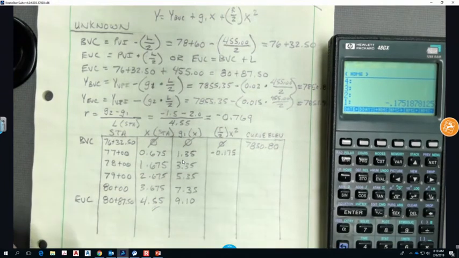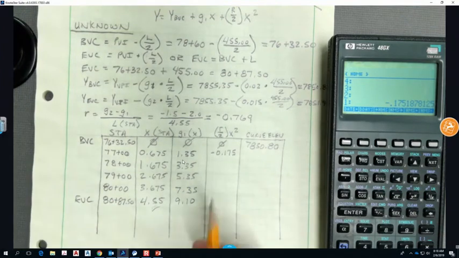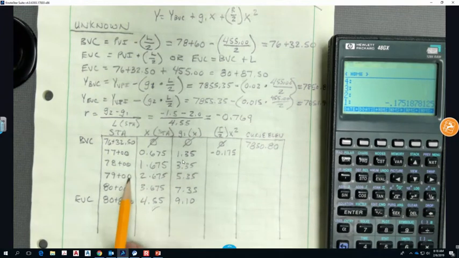Okay? So we just continue that all the way down. So why don't you guys give me the rest of them then? I want r divided by 2 times x squared for 78 plus 00, 79 plus 00, 80 plus 00, and 80 plus 87.5.